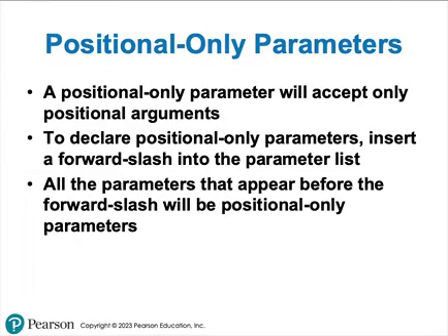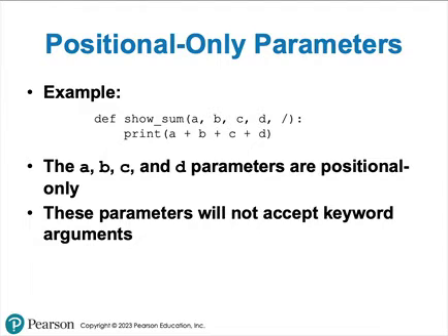You can force Python to only accept positional parameters, and you do that with the slash. All the parameters that appear before the slash will be positional only parameters. In this case, since the slash is at the very end, A, B, C, and D are positional parameters.